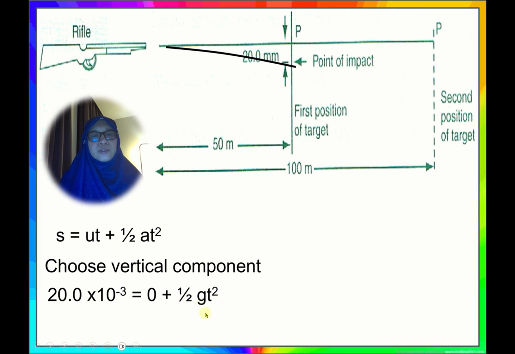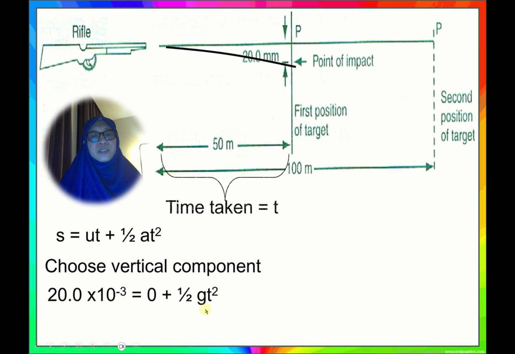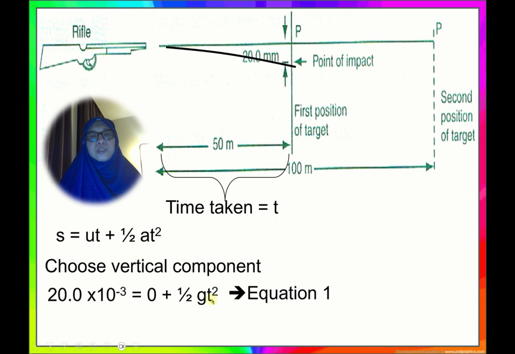Okay, so we solve the equation here to get t. So the time taken from here to here is t. And this is equation 1. Actually we can find t first, but let's say this is equation 1.